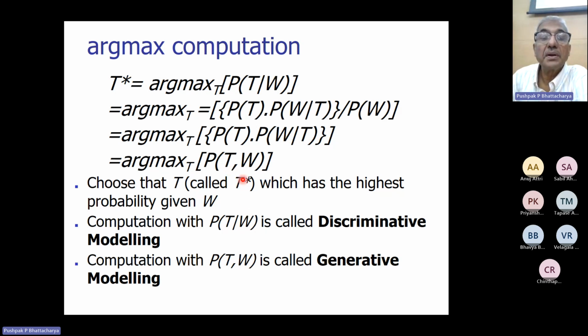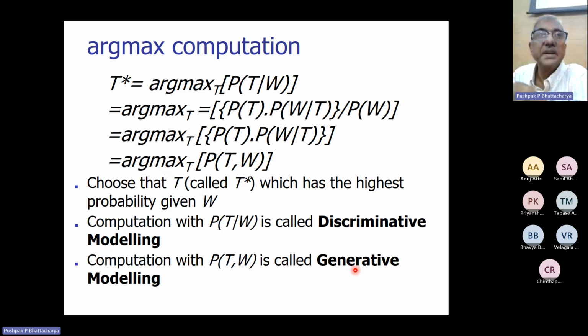This is also called generative modeling. Opposed to that is discriminative modeling. If you don't apply Bayes theorem and work only with probability of T given W, then we are doing discriminative modeling. If we use Bayes theorem and work with probability of T comma W, then we are making use of generative modeling. What is the significance of discriminative and generative?